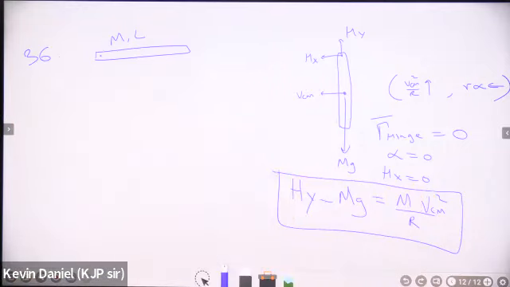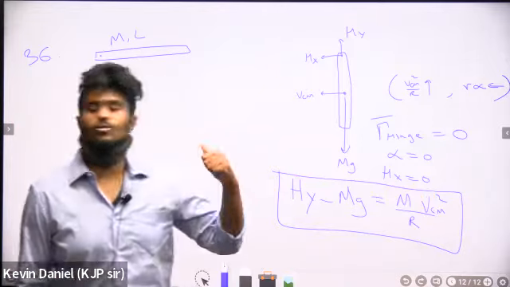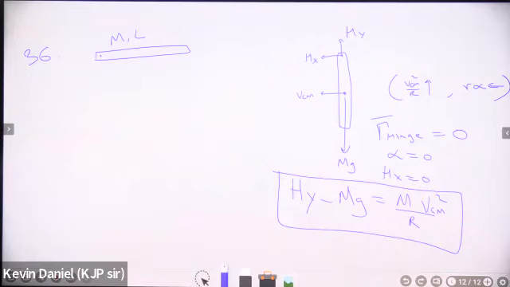Just because something is rotating does not mean you directly start with conservation of mechanical energy. The question was the hinge reaction. First figure out whether you know what the hinge reaction is. Then when you see that term, you realize you need to apply conservation of mechanical energy. You directly took Hy equal to mg.